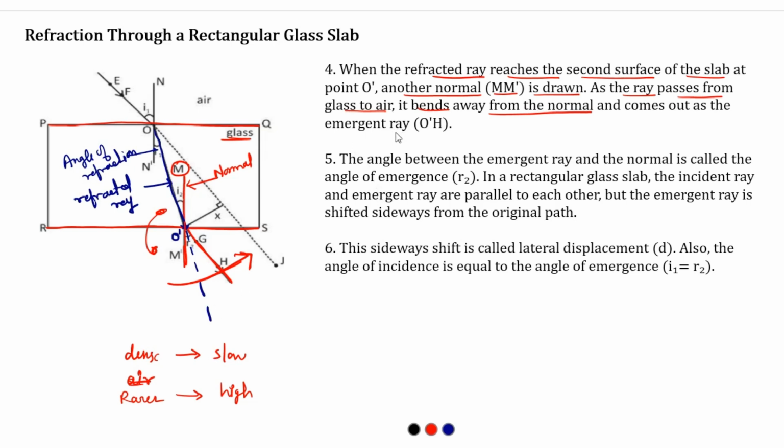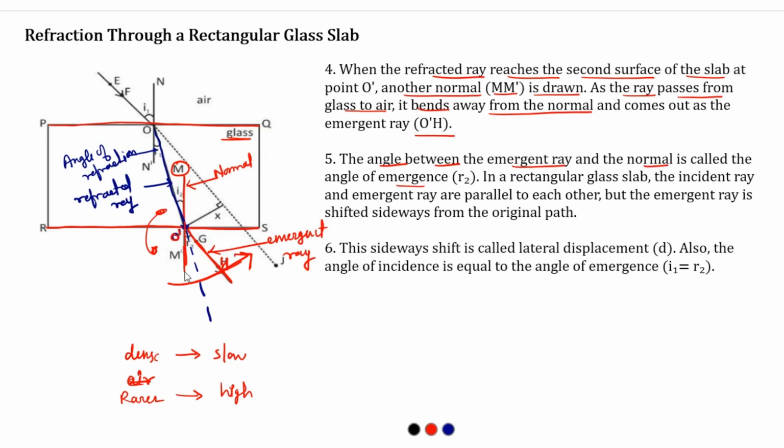Now, what is the emergent ray? The emergent ray is denoted by O dash H. This is O dash and this is H. So this is the ray which is going away from the normal. The ray which is emerging out of this glass slab is called the emergent ray. Remember this, emerge means coming out. So the angle between the emergent ray and the normal is called the angle of emergence.